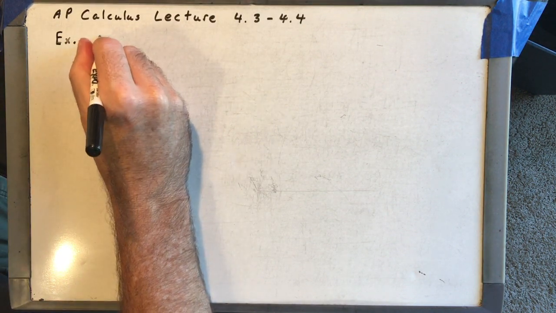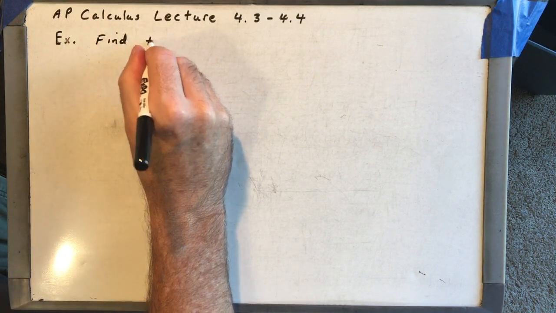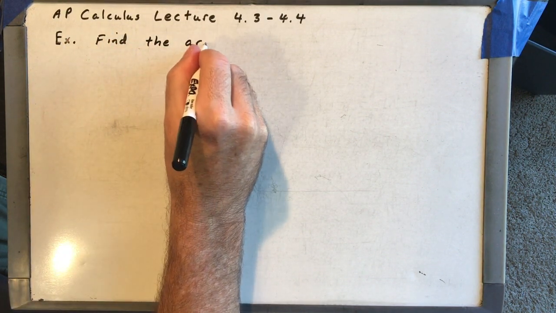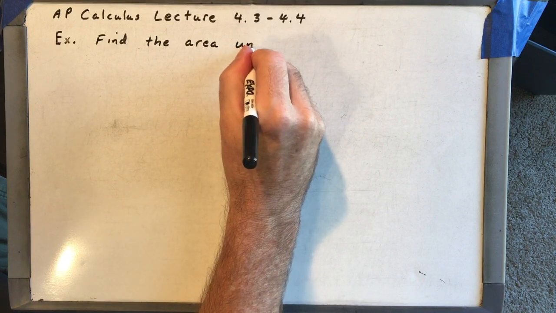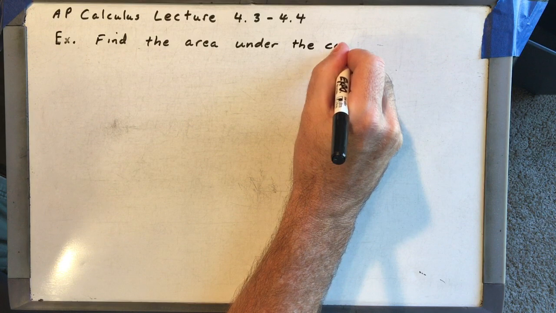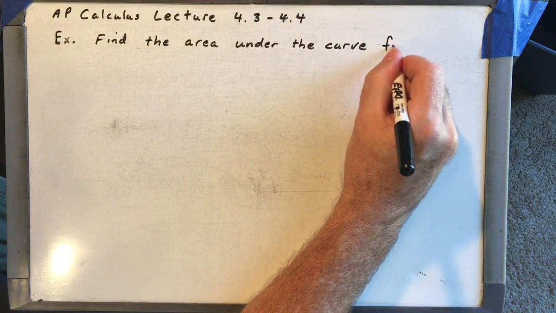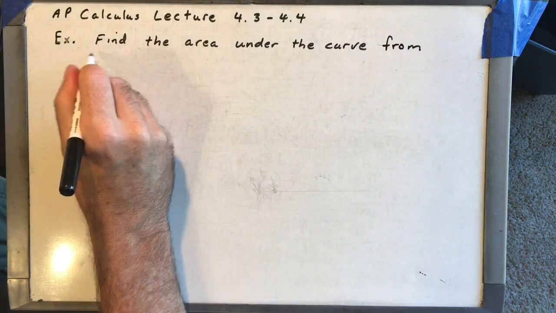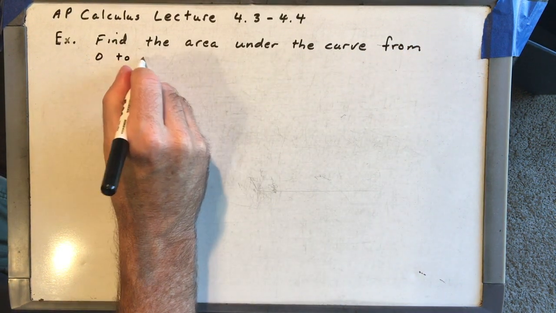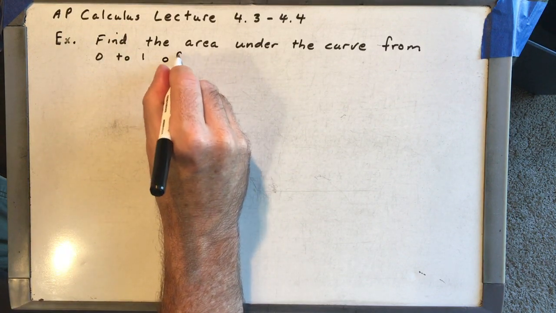Okay, our second one is find the area under the curve from 0 to 1 of y is equal to x squared.